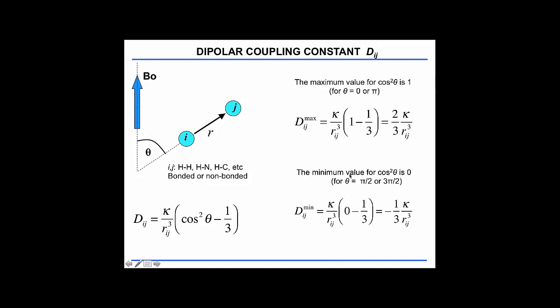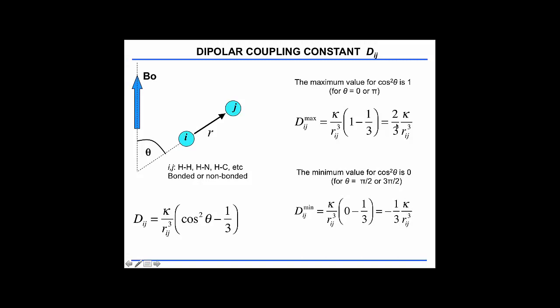If we analyze the minimum value, it will be when cosine square is 0, that is if the angle is pi over 2, 90 degrees, or 3 pi over 2, that is 270 degrees. So if it is 0 here, then the dipolar coupling is minus 1/3 kappa over the distance.